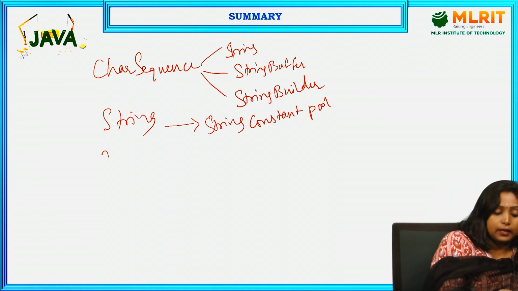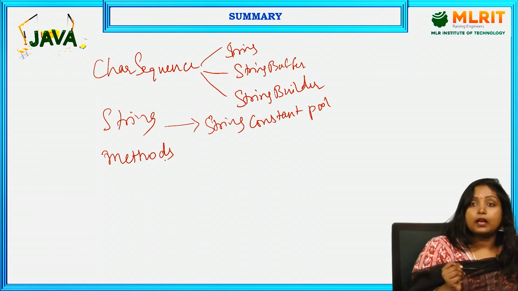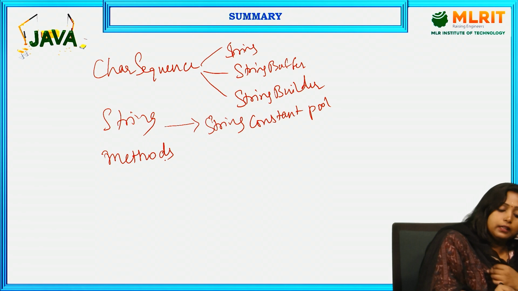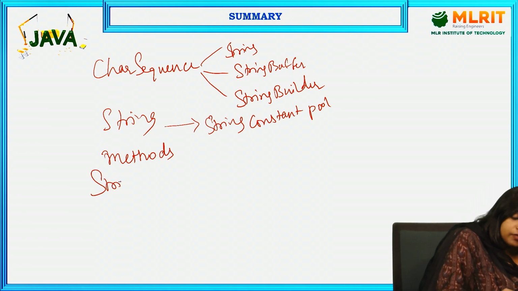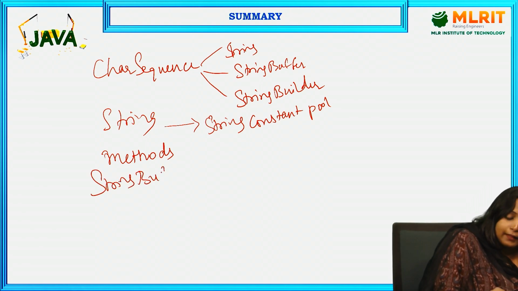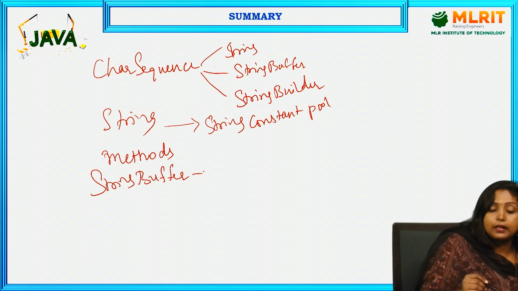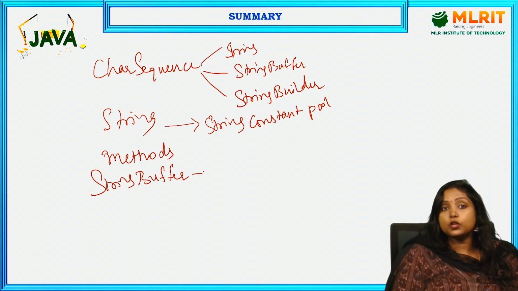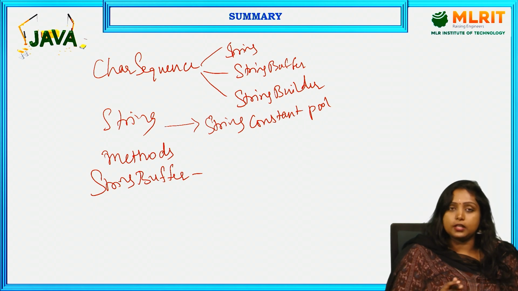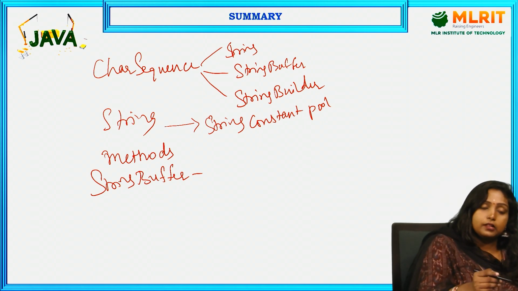Next, we have seen some methods of String, and then we have seen what the StringBuffer class is. StringBuffer is a mutable string, which means you can change the string once it has been declared.